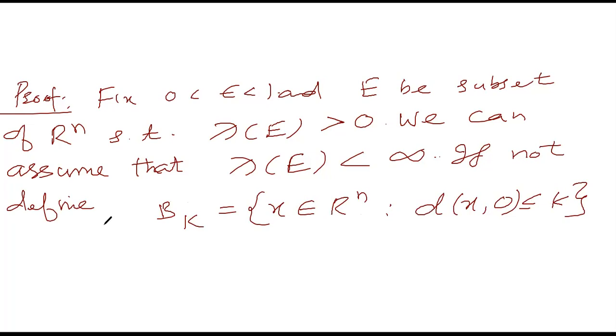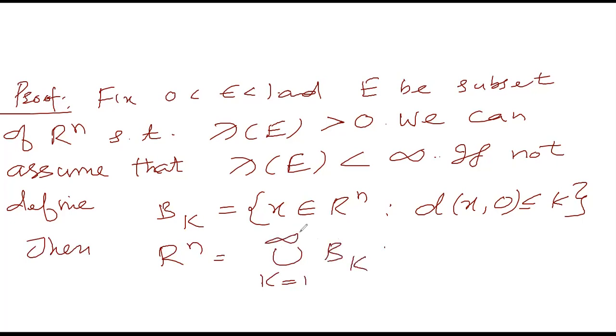Then Rn is the union over k from 1 to infinity of Bk. It's like if you take the real line R, then R is the union of the intervals minus n to plus n, where n runs from 1 to infinity. So this is the case for Rn.